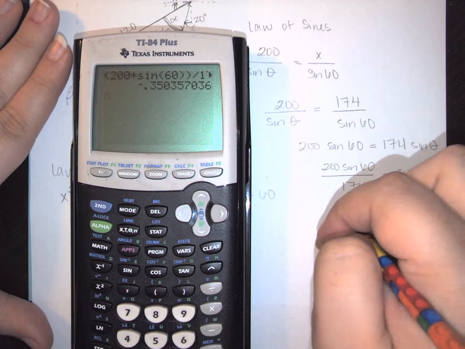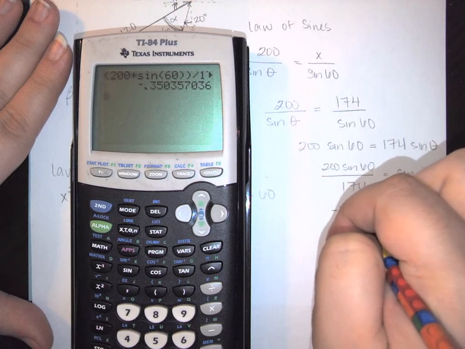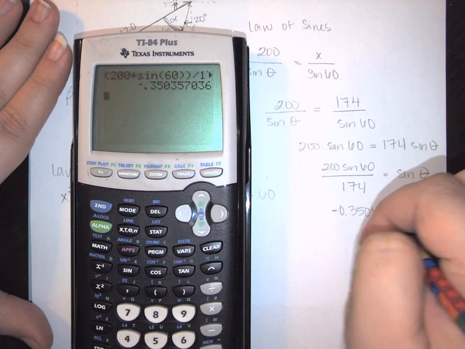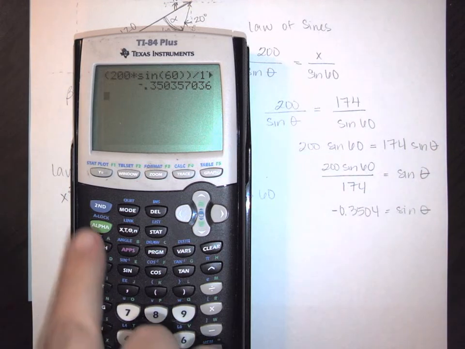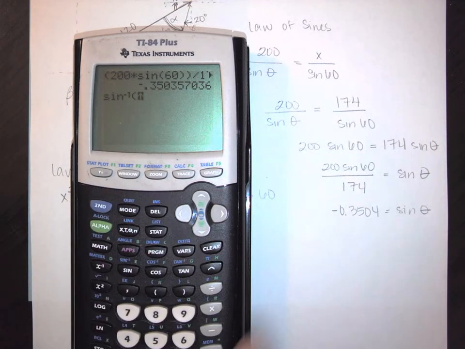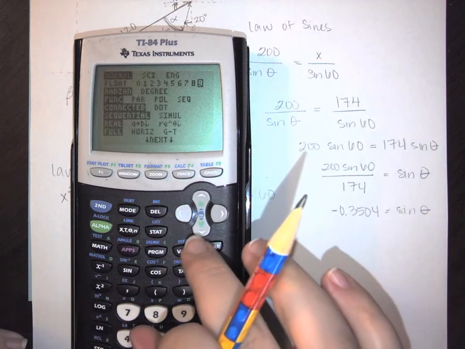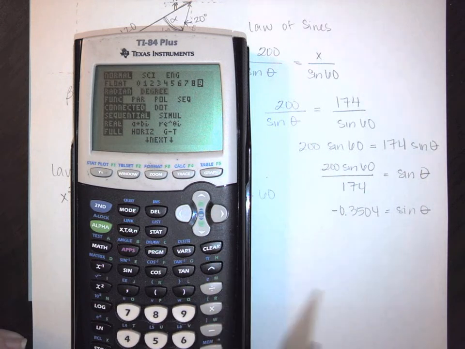So here we've got negative 0.3504 equals the sine of theta. So we're going to take the inverse sine of that answer. Always make sure you switch your modes.